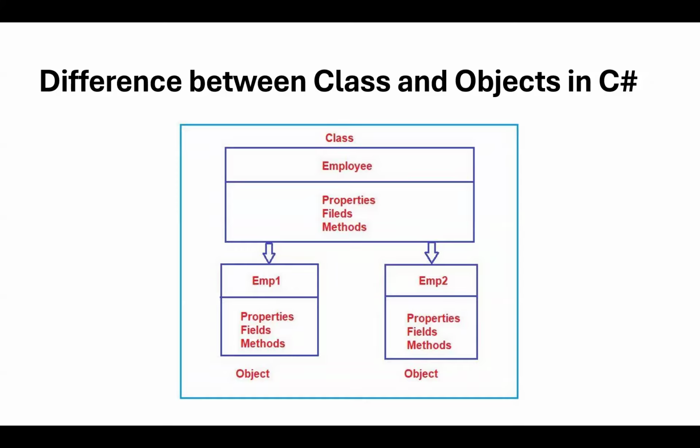If required, you can also add some methods or functions that are common for all employees. For example, InsertData and DisplayData, which we use to insert or display the employee data.